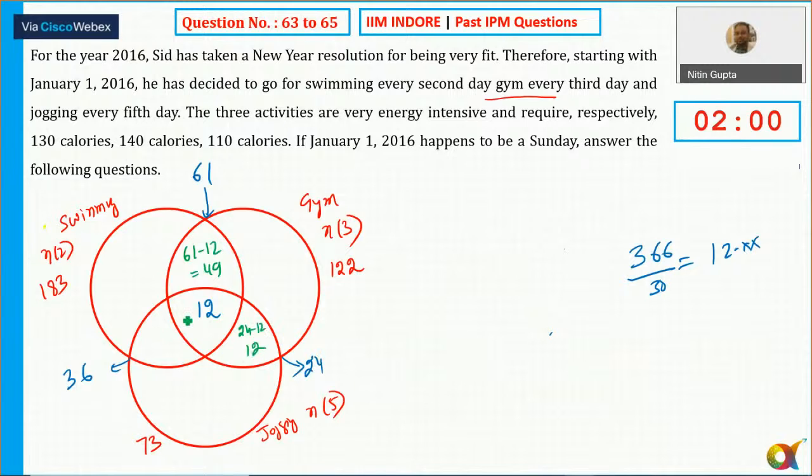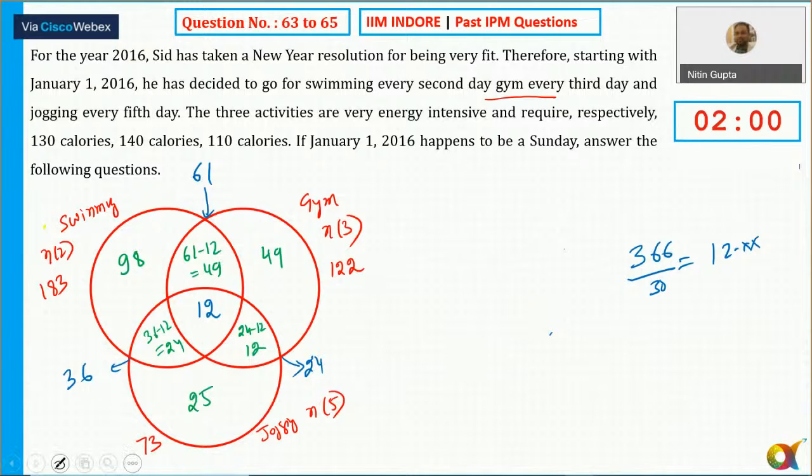Only swimming and jogging is 36 minus 12. Only swimming is 183 minus 49 minus 12 minus 24. Only gym is 122 minus 12 minus 12 minus 49, which is 49. And only jogging is 25.